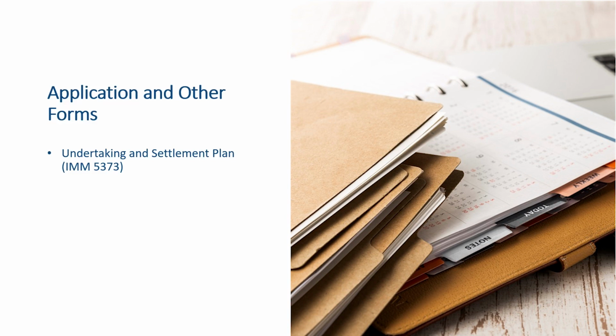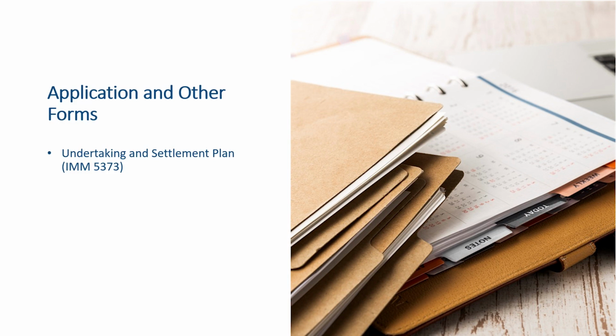So you're completing the undertaking, the IMM 5373 form, but you're also completing the settlement plan form, the IMM 5440 form. Now, when the new forms launch, SARs in risk management plans B and C will be completing one form that combines both the undertaking and the settlement plan into one form. And that form will be the undertaking and settlement plan, the IMM 5373 form.